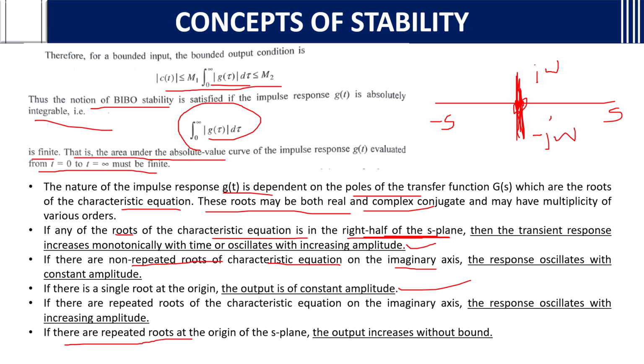If there are repeated roots at the origin of the S-plane, the output increases without bound. Repeated roots, single roots and non-repeated roots are each different, and each has its own response.